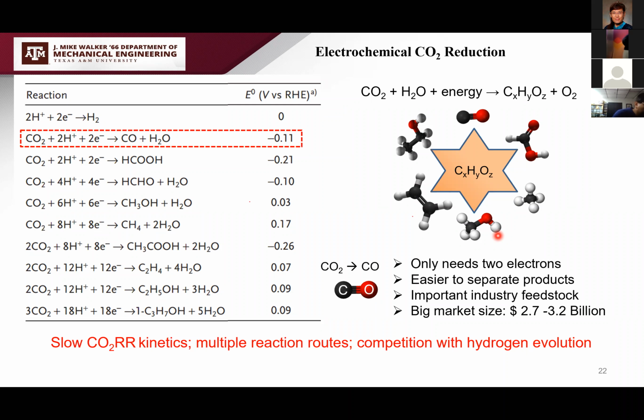And again, it's an important feedstock as part of syngas. However, there are also challenges, including slow CO2 reduction kinetics and different selectivities, since the hydrogen evolution reaction competes with CO2 reduction.